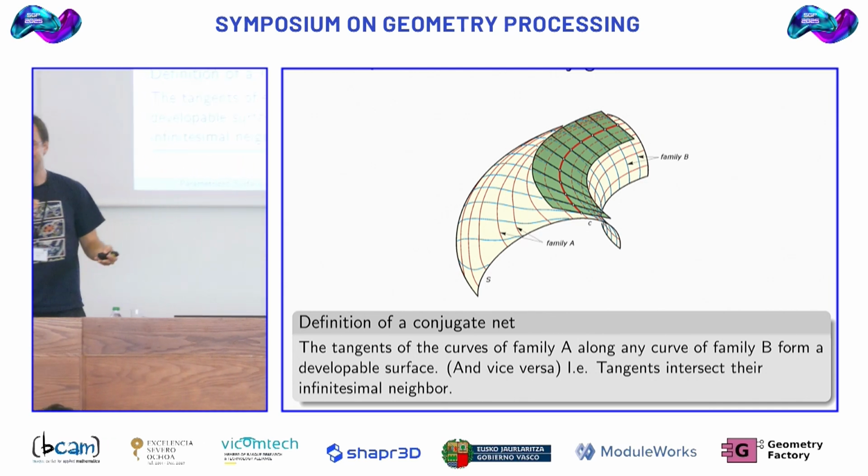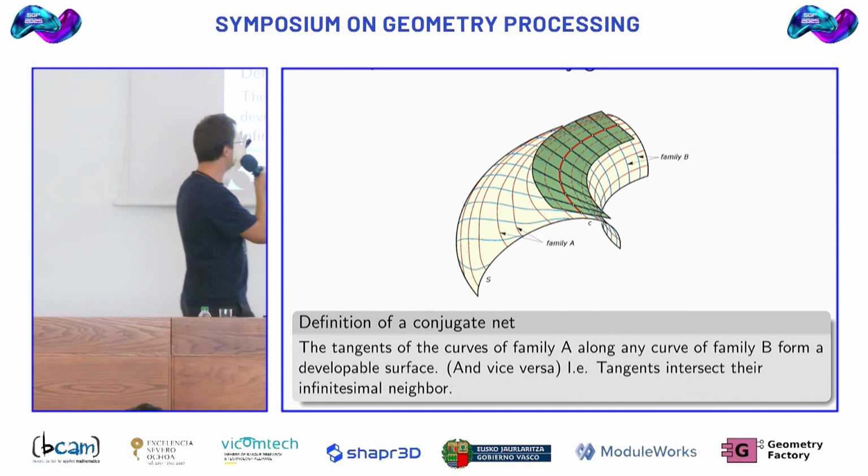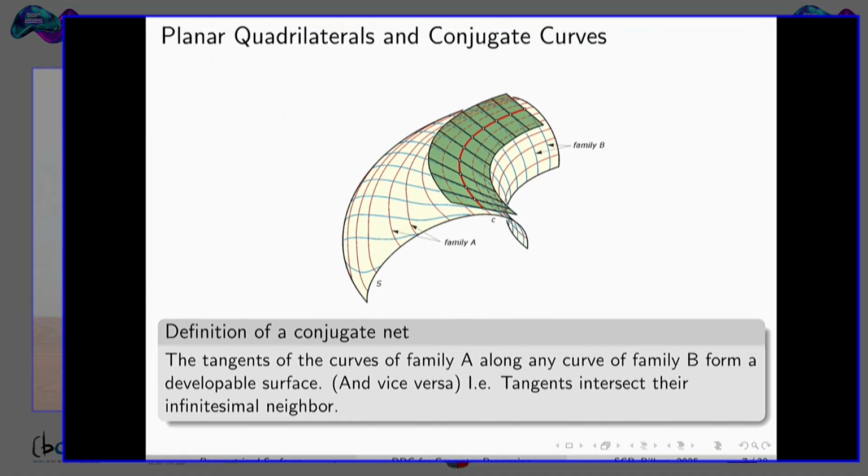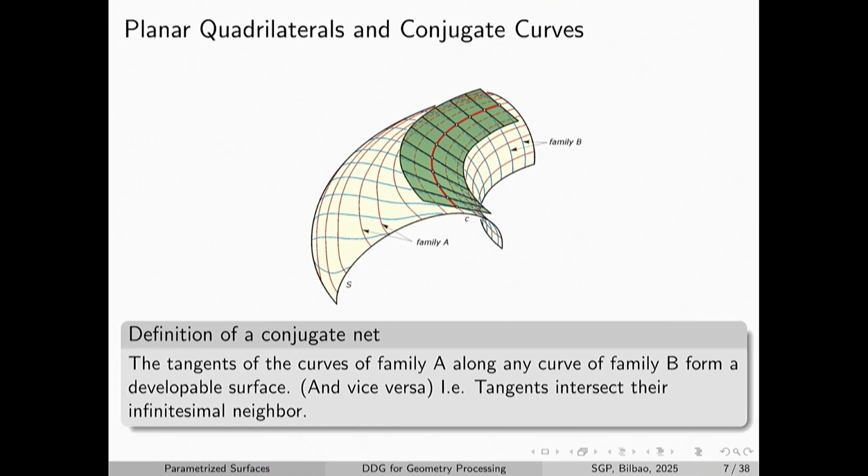And if you delete the word infinitesimal here, this is actually the property that we want in our quad mesh. Because if you extend the edges, you want neighboring edges to intersect if they are in the same plane. So this is actually the property that we want in our mesh, and this is the smooth version of that.